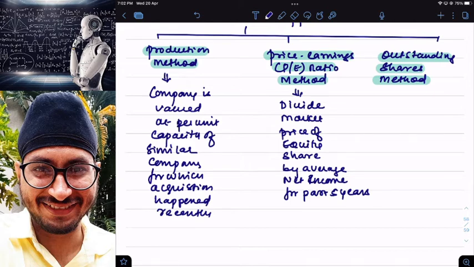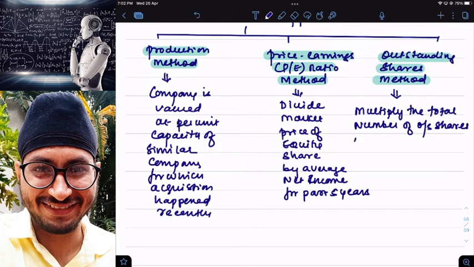And then we have the outstanding shares method. Here what will I do? Simple. Multiply the total number of outstanding shares with the market price per share. Clear?